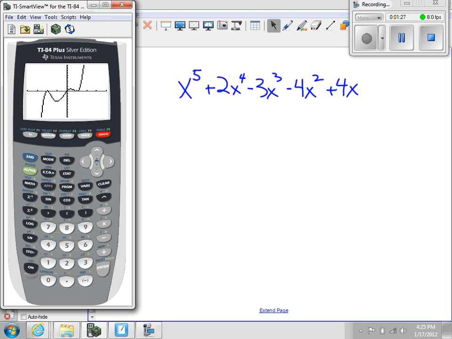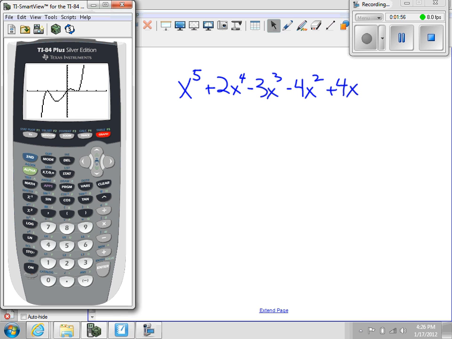I can also see that the end behavior conforms to what I expected. I have a down-up end behavior, which is consistent with the highest power being odd and the leading coefficient being positive, just like x cubed. So I see that I have at least 2 local maximums.